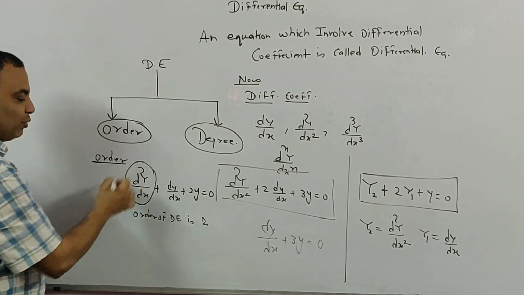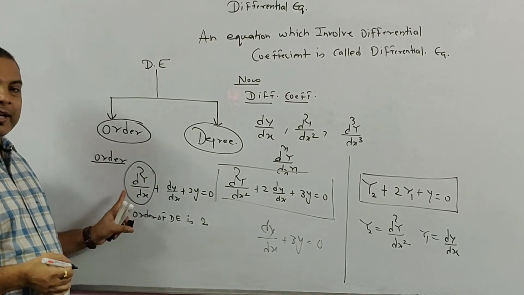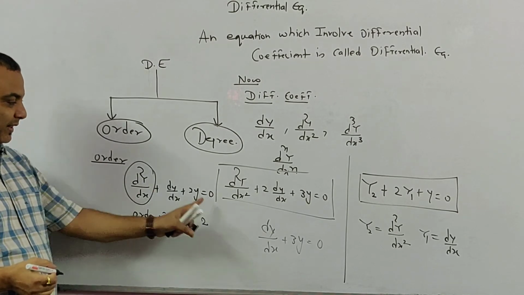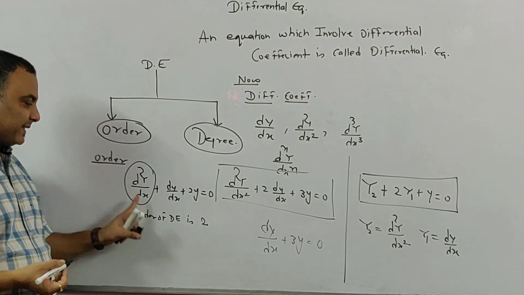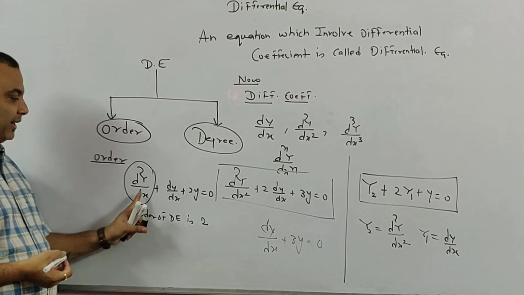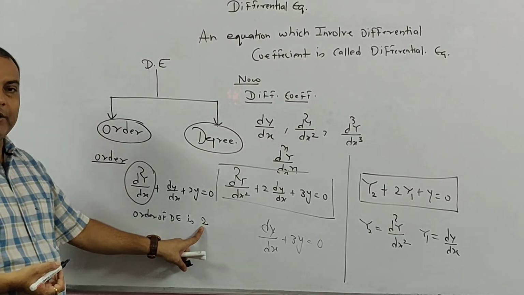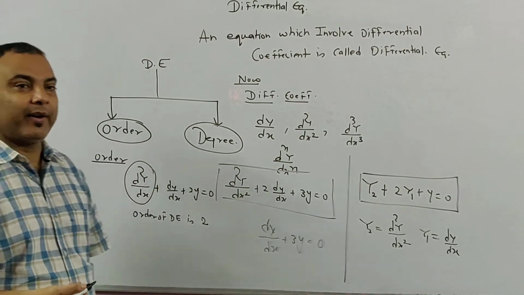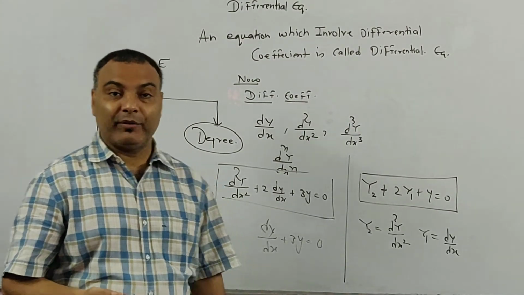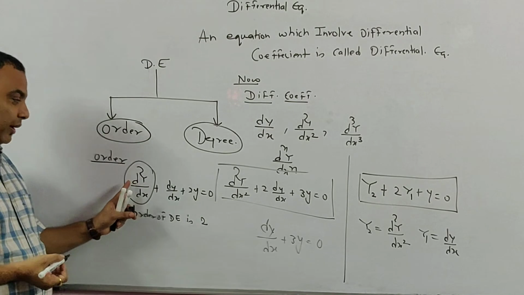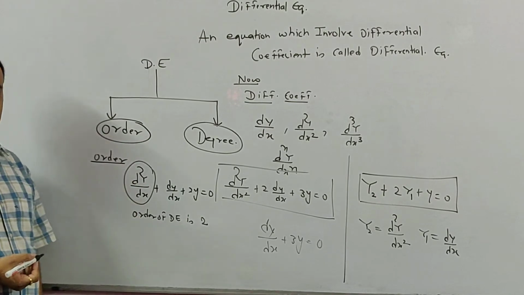This is the highest one in this equation. We just say the numeric part, so the order is 2, the double derivative.